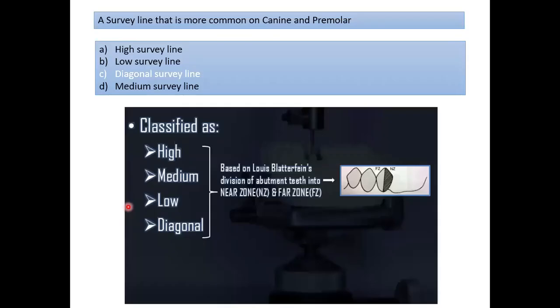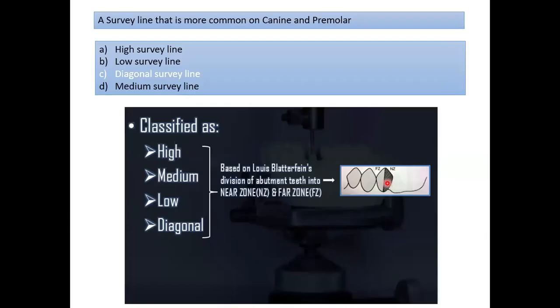So coming on to the thing called the survey line. Survey line is nothing but, when you take a pencil and run around the tooth, there will be a line drawn over the highest contour of your tooth.